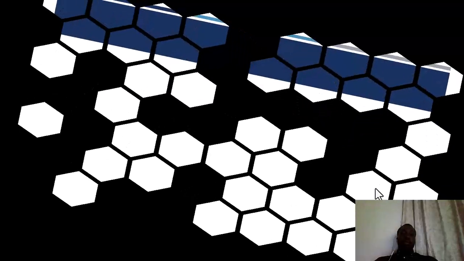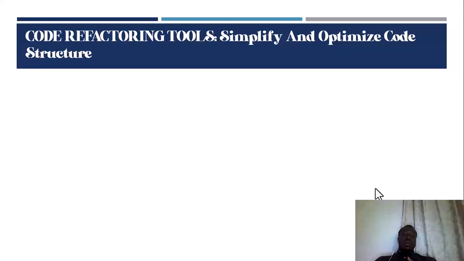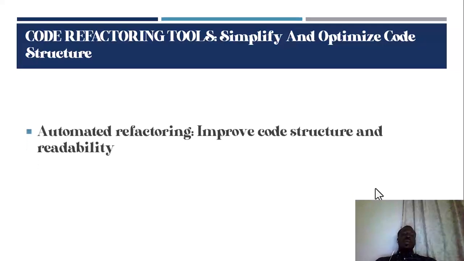Then we move on to the code refactoring tool. The code refactoring tool helps to simplify and optimize code structure. Under it you have the automated refactoring tool that helps to improve code structure and readability.